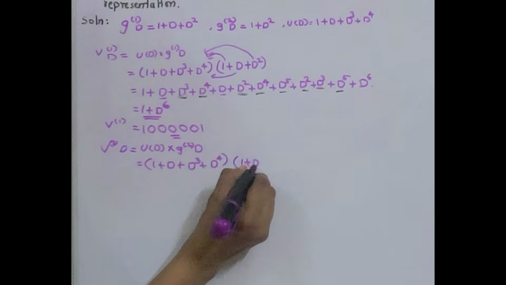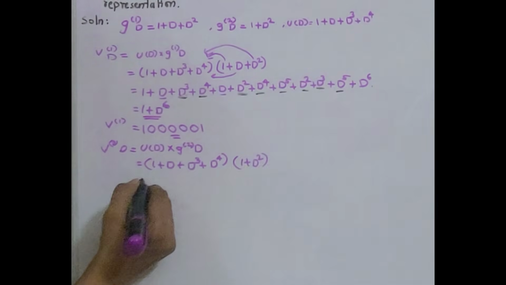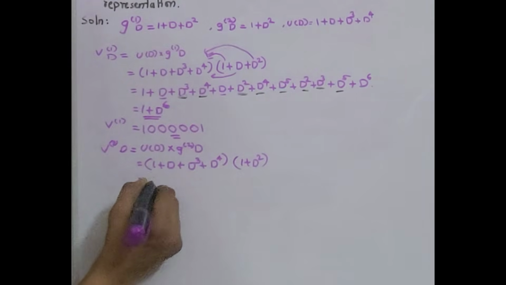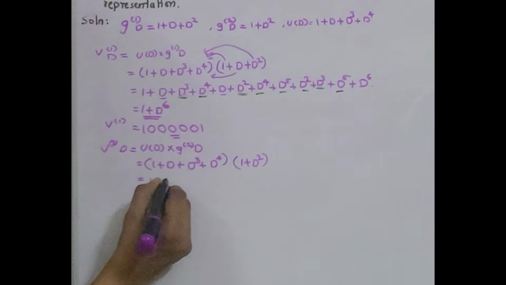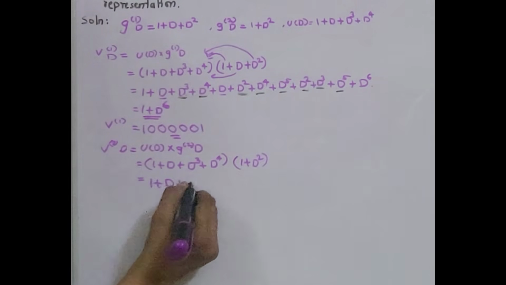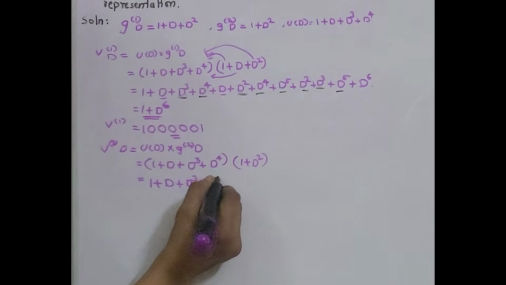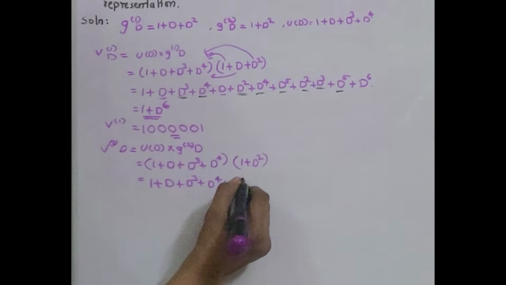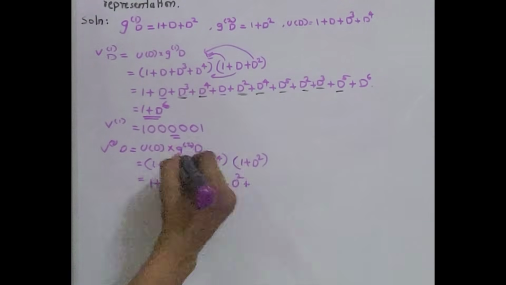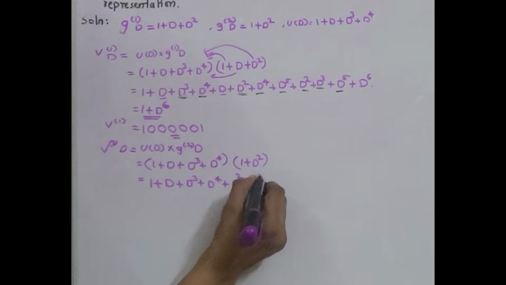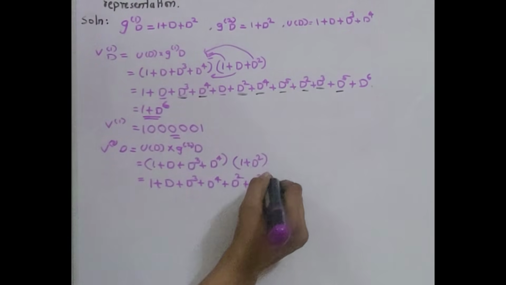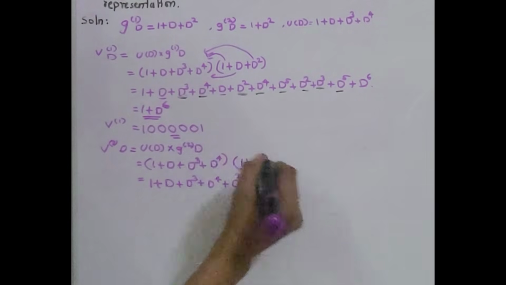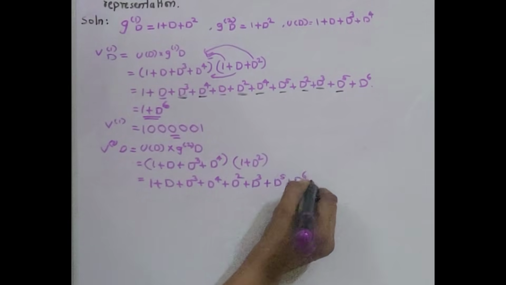1 plus d square. Now by multiplying these two we get 1 into this term, 1 plus d cube plus d raised to 4, plus d square into all this term. 1 into d square will be d square, plus d square into d will be d cube, plus d square into d cube will be d raised to 5, plus d square into d raised to 4 will be d raised to 6.